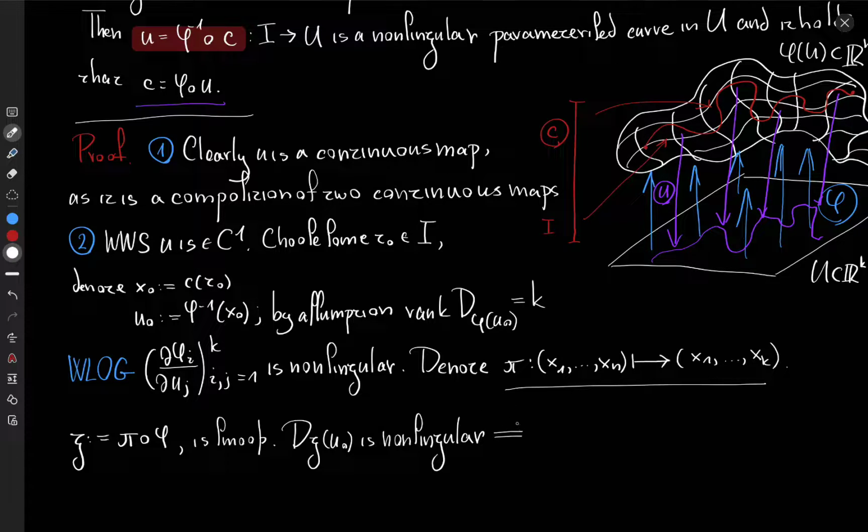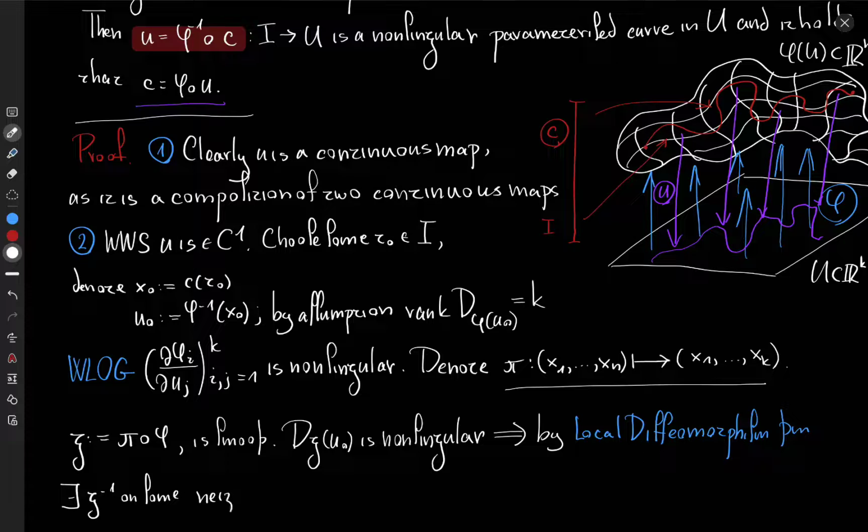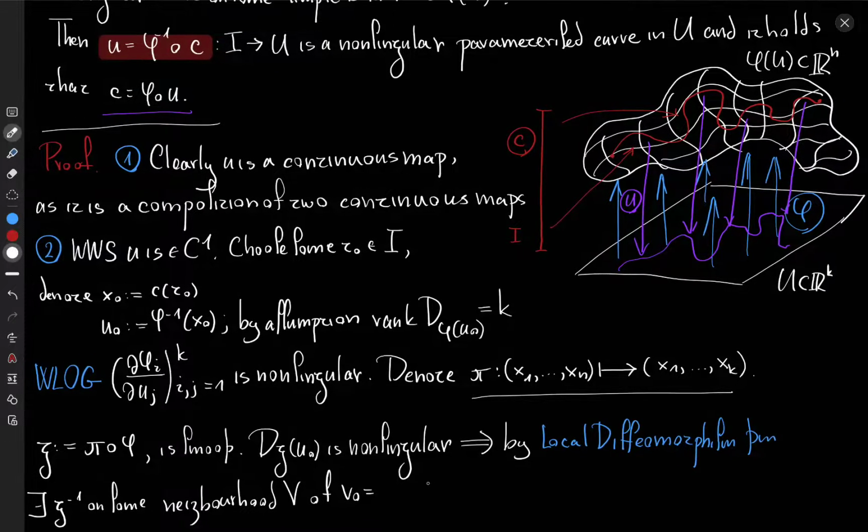And thus, by the local diffeomorphism theorem, we have that there exists G inverse on some neighborhood V of v0, which you define as pi of x0.